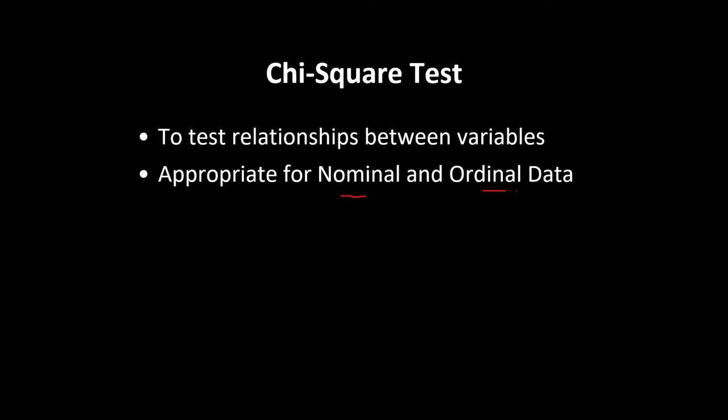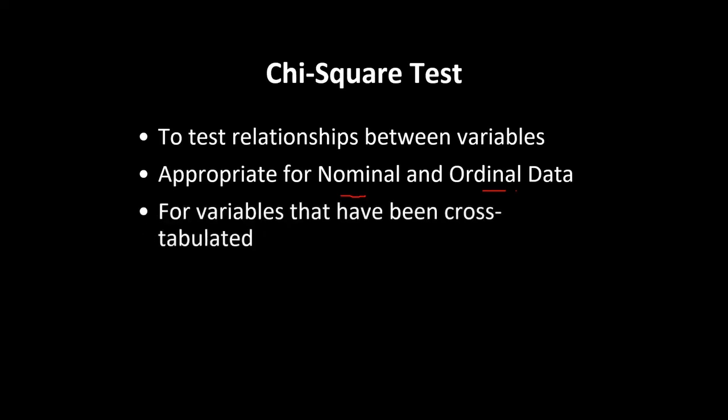In this test, we test the hypothesis that the row and column variables are independent. In other words, car ownership is independent of family size, without indicating the strength or direction of the relationship. Whereas our research hypothesis says no, car ownership depends upon family size.